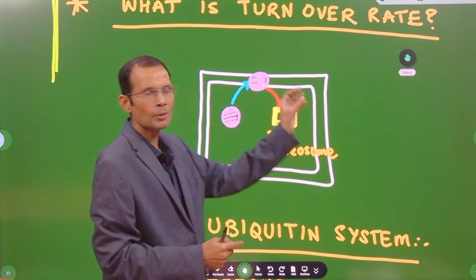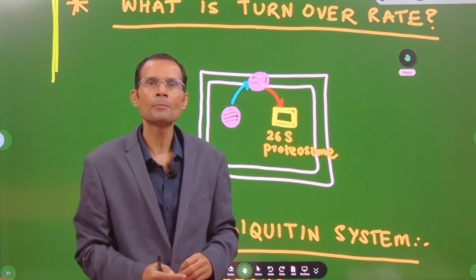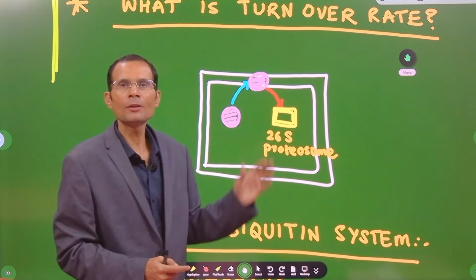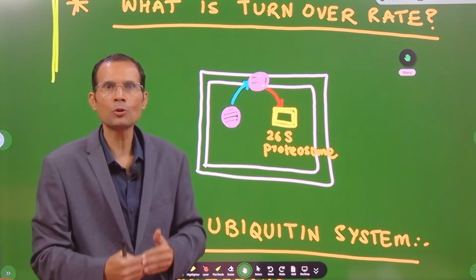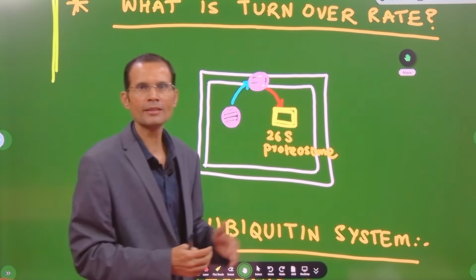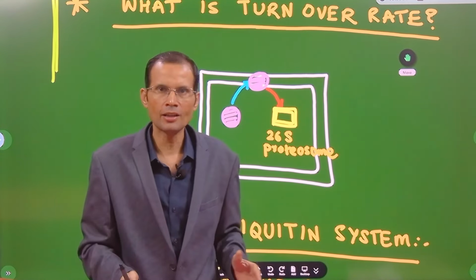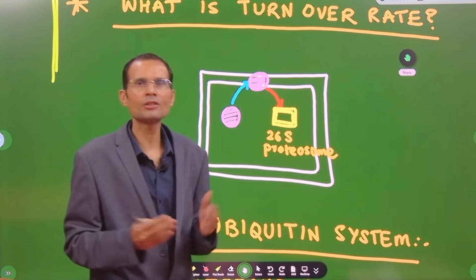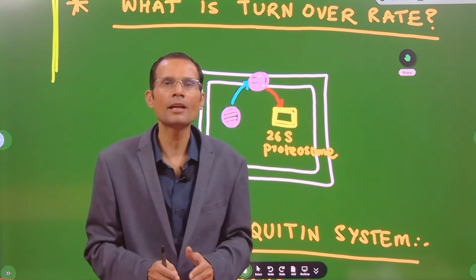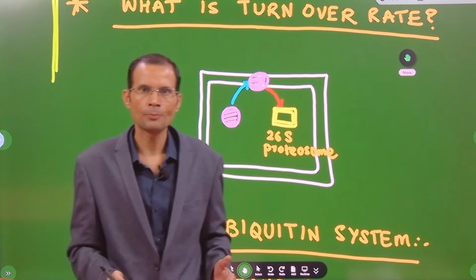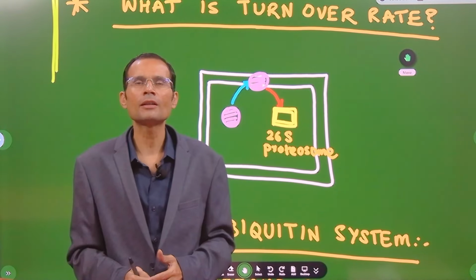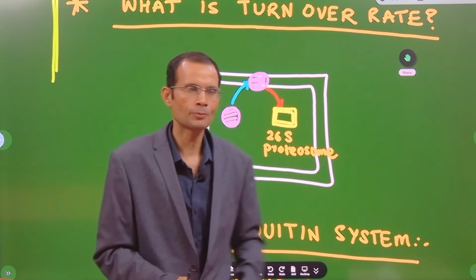It will be anchored or fixed to the membrane, and then it will be removed from the membrane. It will be endocytosed, taken back into the cell, and then degraded in a cell organelle. Generally, membrane proteins are degraded in 26S proteasomes, or some proteins are also degraded in lysosomes.